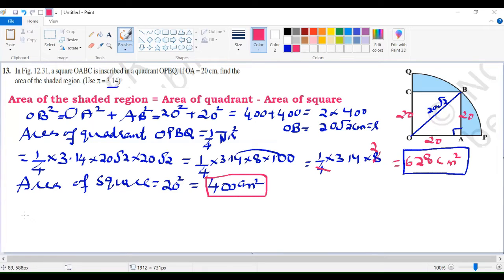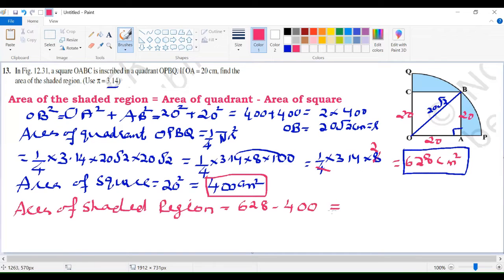So now area of shaded region equal to 628 minus 400, which is equal to 228 centimeters square. This is the area of shaded part.